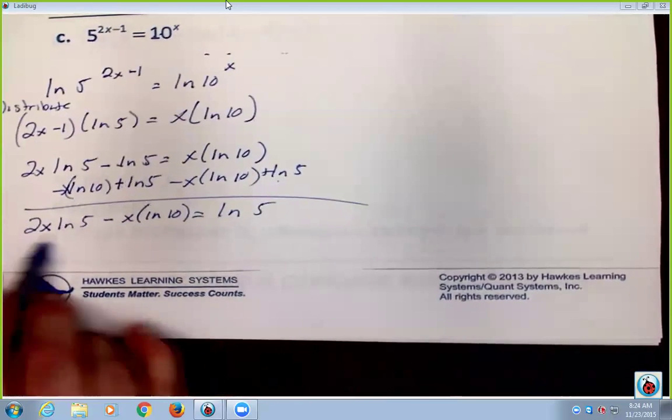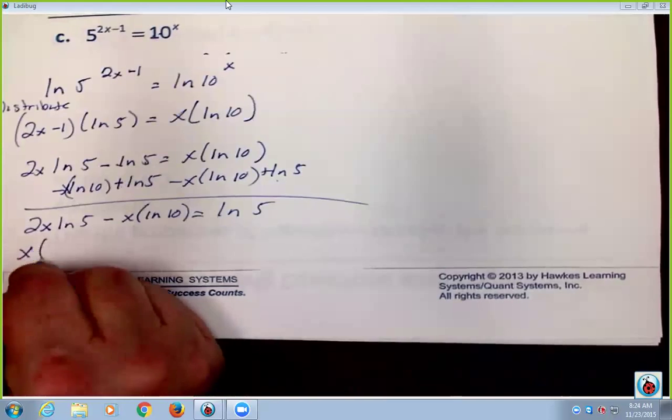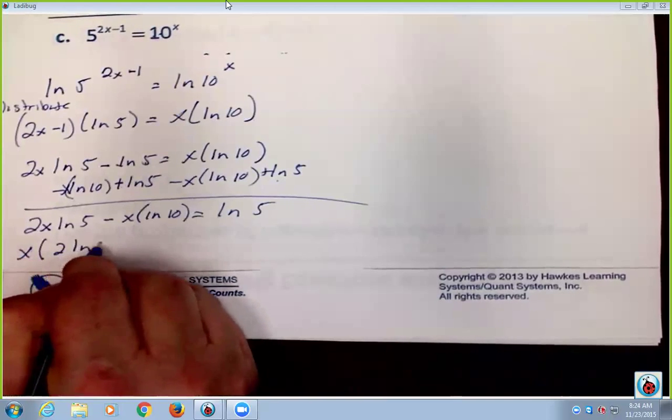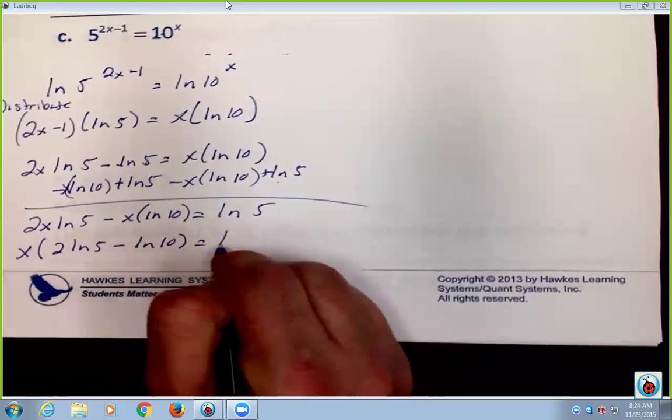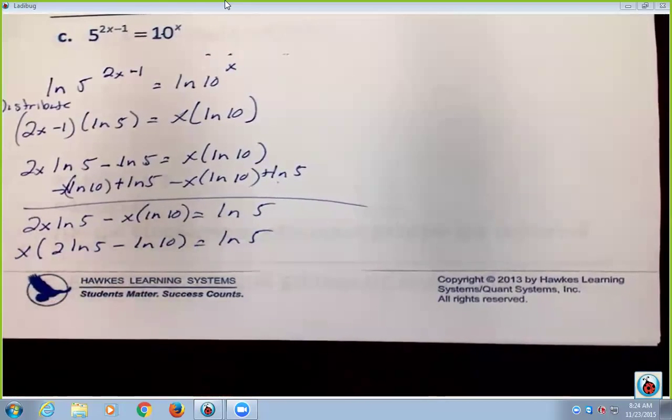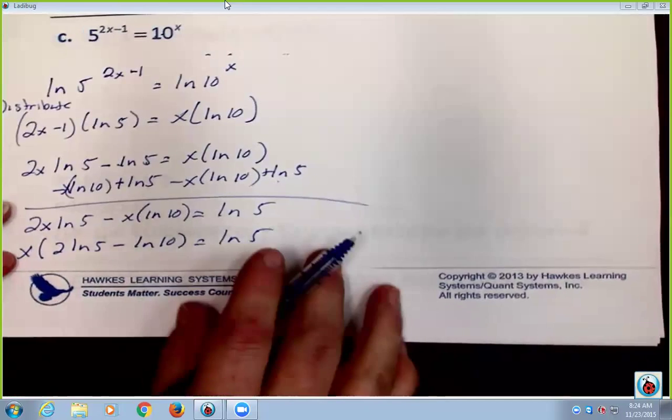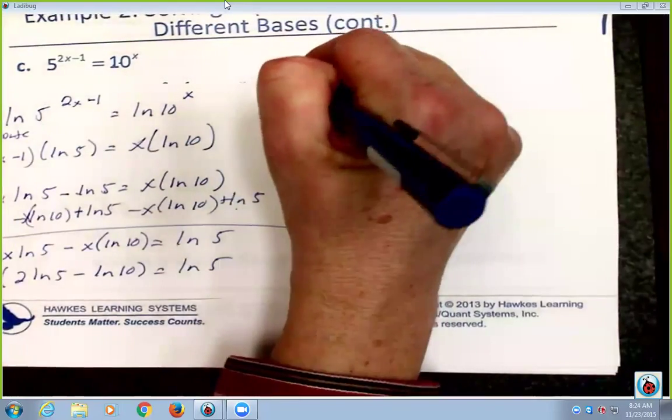Okay. Now, let's take my x and pull an x out of each of these. And then, last of all, let me rewrite it up here so I have a little more room.